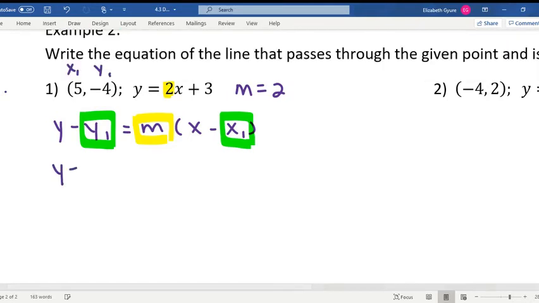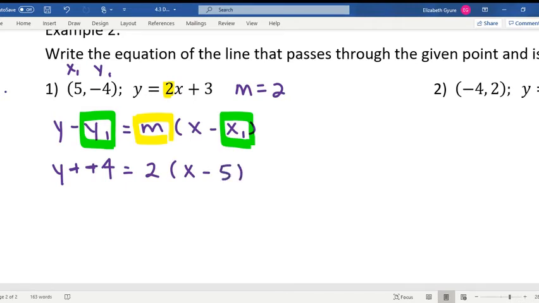So we have y minus y1. Which number is our y1? -4. So y minus a -4. Yes, we can go ahead and change that into a positive. Good. Equals m. What's our m? 2 times x minus x1, which is 5.